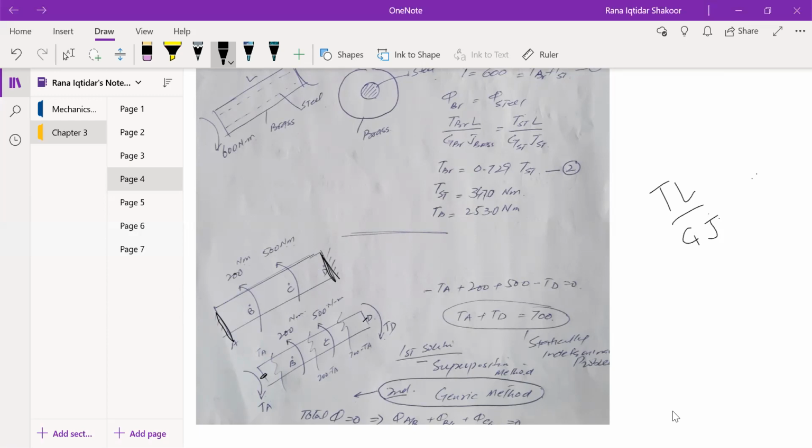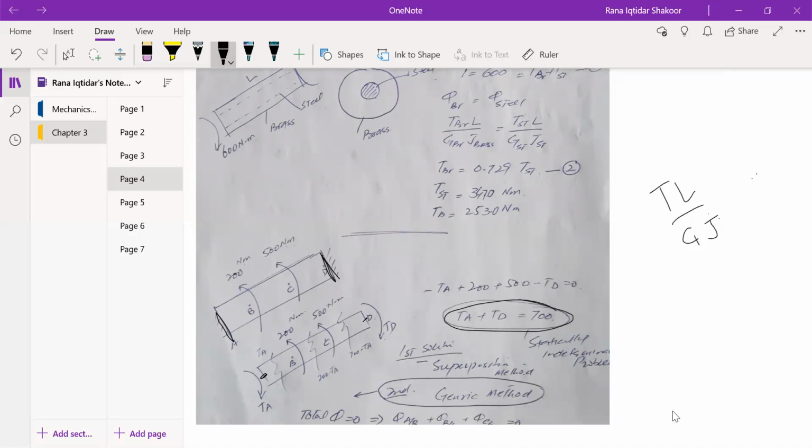Now the torque for phi AB will be TA, for phi BC it will be 200 minus TA, and for phi CD it will be 700 minus TA, and you will put these in and calculate, and you will get TA from there, right? And that TA will go into this equation over here, and you will calculate TD.